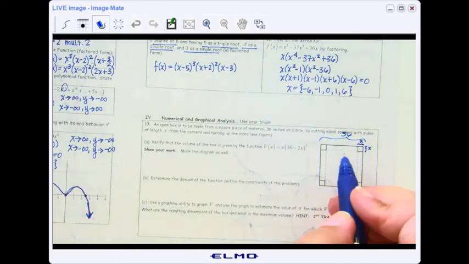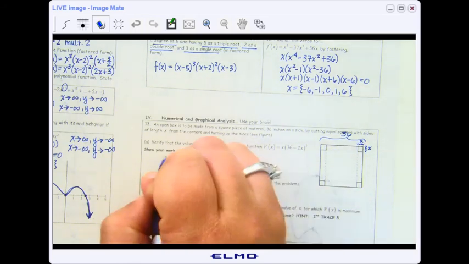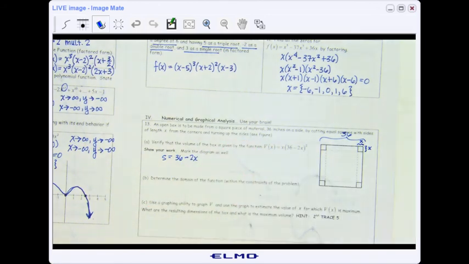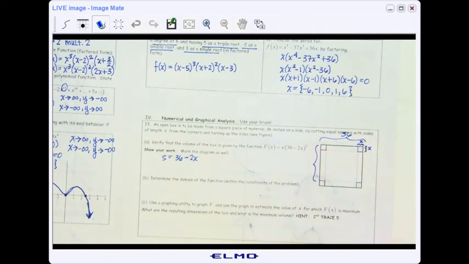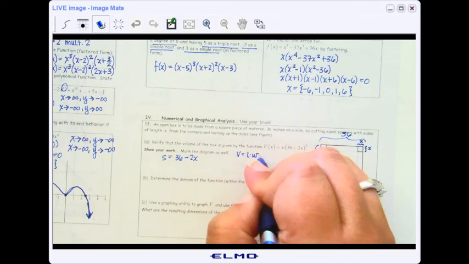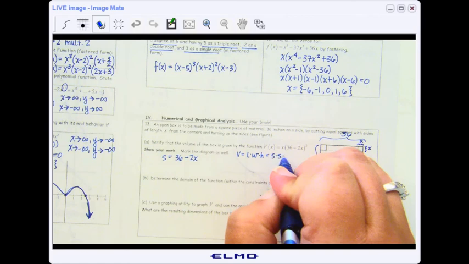So I know that the side length is going to be 36 minus 2x. And if we're working with a square, then that means the other side length has to be 36 minus 2x. And to find volume, you multiply length times width times height. Well, in our case, we have side times height.